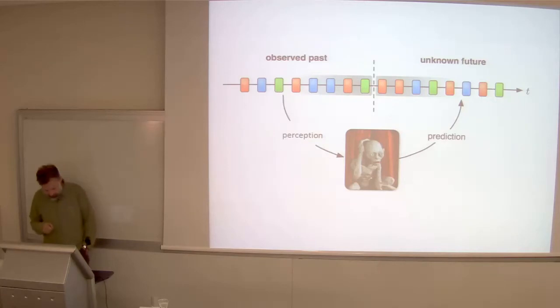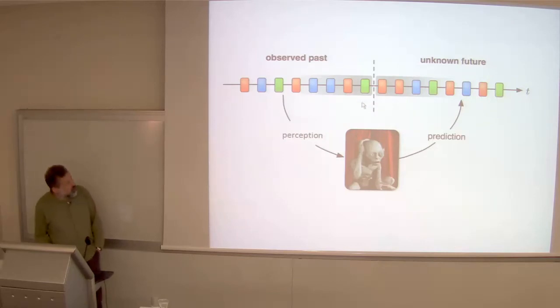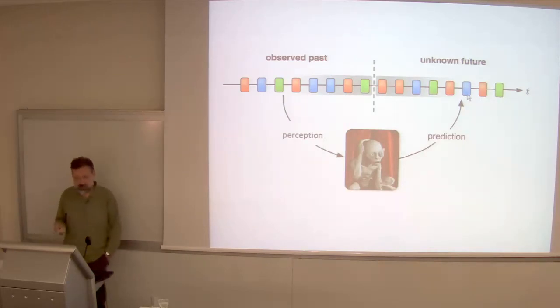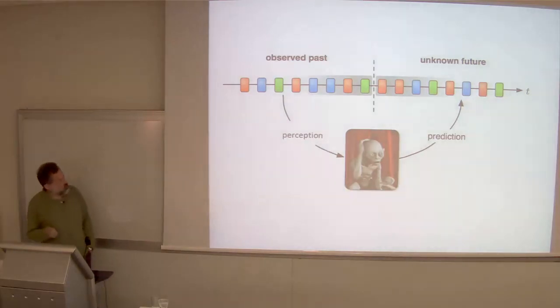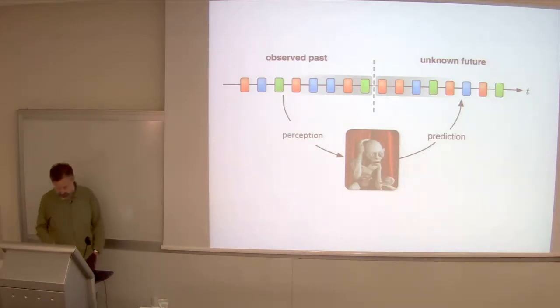This is what we try to encapsulate, the idea that we look at the observed past and use it to make a prediction about what's going to happen in the future. And at the end, we'll try to compare the response of the neuron to a kind of surprise, given what actually happened, the mismatch between what we think should happen and what actually happened.